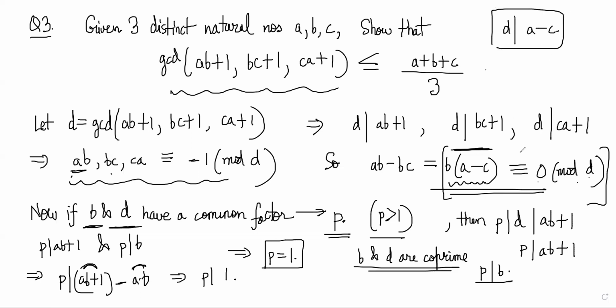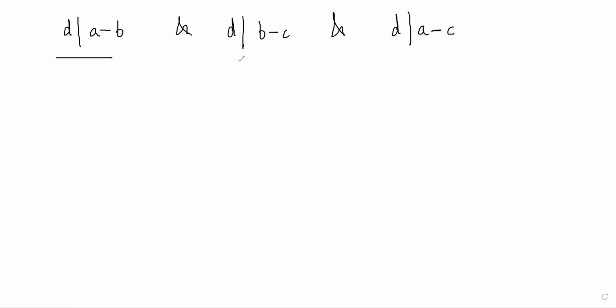It follows from here that D divides A minus C since D is co-prime with B. And similarly, we can also prove that D divides A minus B and D divides B minus C. And you have already shown D divides A minus C, right? The proof for these two follows exactly the same process. You will assume that P divides D, D divides BC plus 1, and P divides C, for example. Just follow the same steps that we used to get this, right?